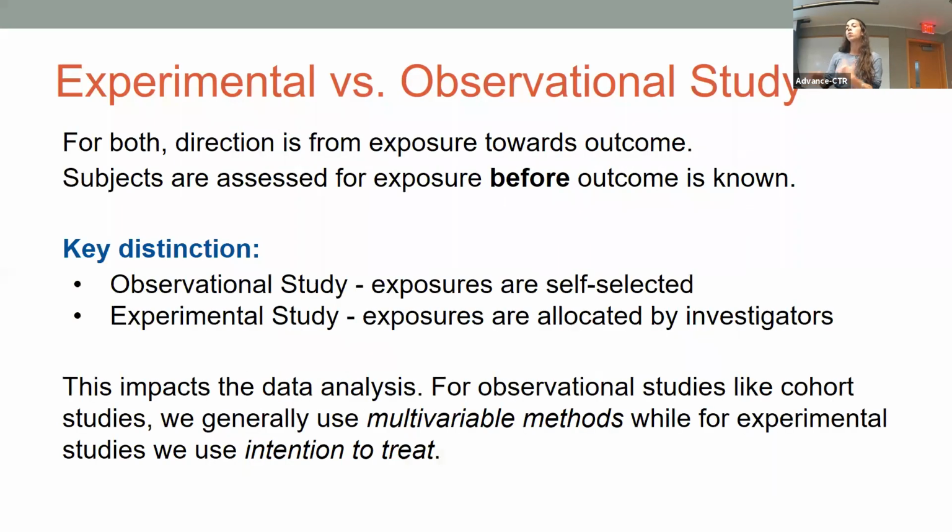So that's why in our data analysis, when we're trying to estimate different association measures of interest, we need to adjust for this. I would definitely say that an experimental study design, if it's conducted properly, is going to have a simpler data analysis, but observational studies are going to require a little bit more work because of this key distinction where exposures are self-selected.